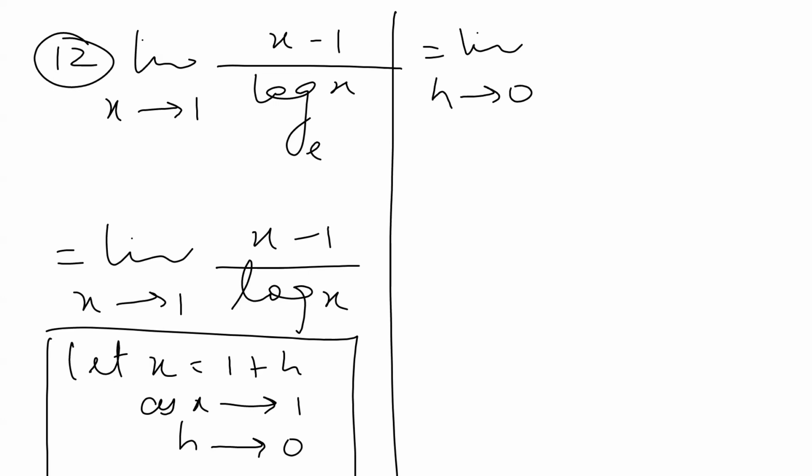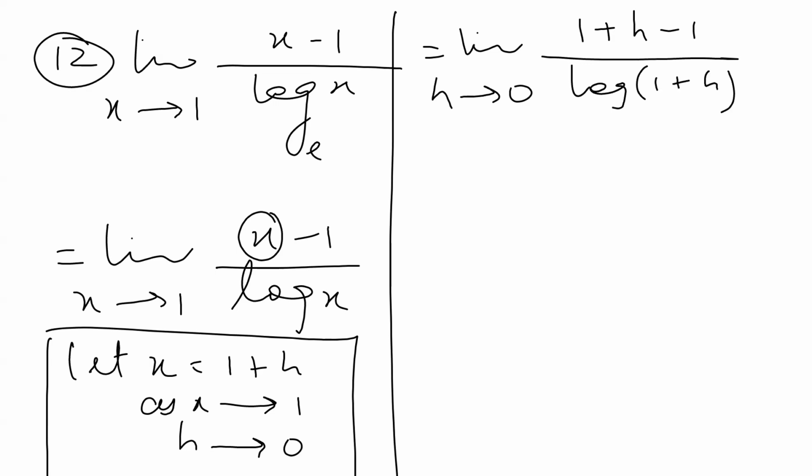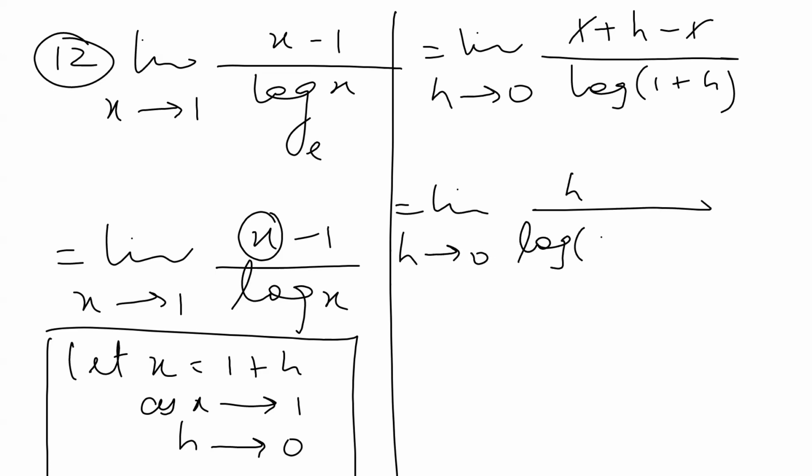Limit h approaches 0, x is 1 plus h. So 1 and 1 is gone. There is h over here. Divide by h, multiply by h. This and this is gone.